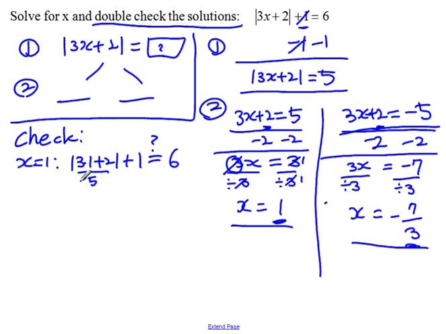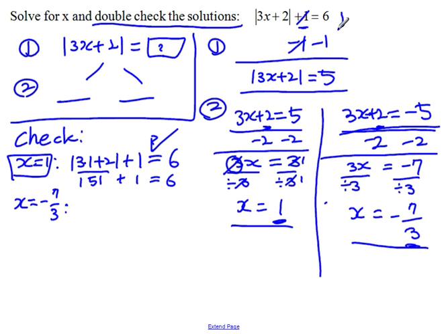So the absolute value of 5 is 5, plus 1, which is 6. So the left side is 6, the right side is 6, so the equation is satisfied. So x equals 1 is fine. It's a right solution.